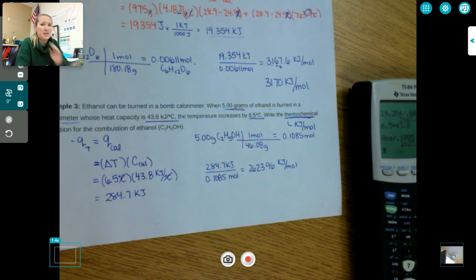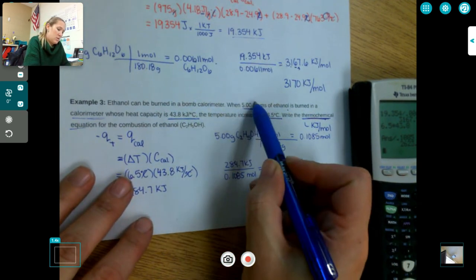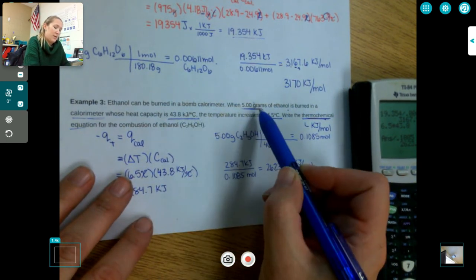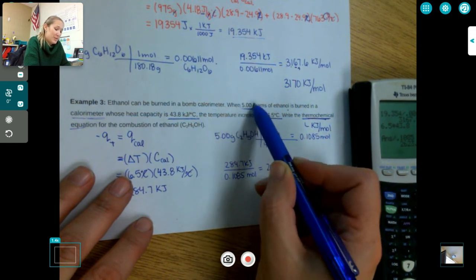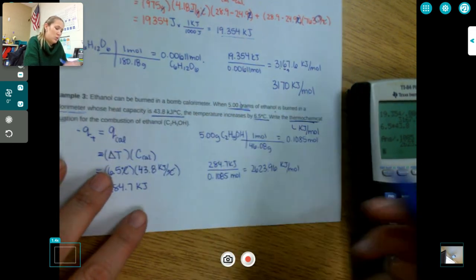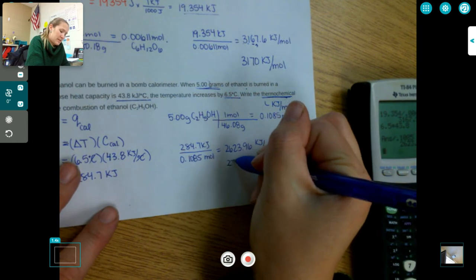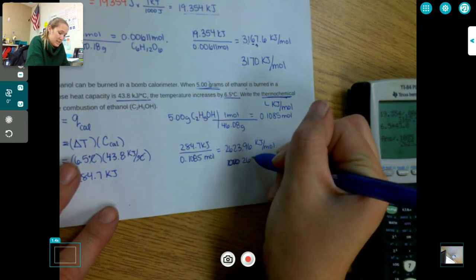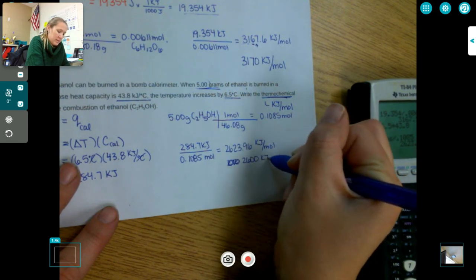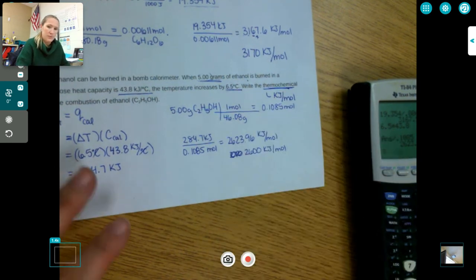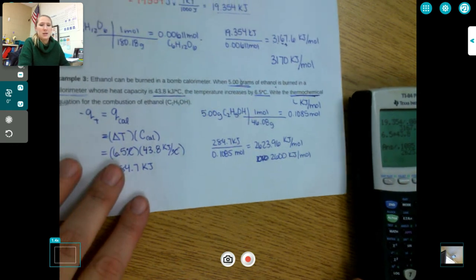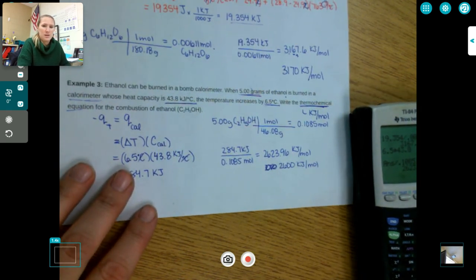I care about sig figs. Going back to my measured values, 5, that's 5.0 grams. 3 sig figs, and 2, so I'm going to round to 2. This makes it 2,600 kilojoules per mole. Okay, so that's the amount of heat released when ethanol is burned.